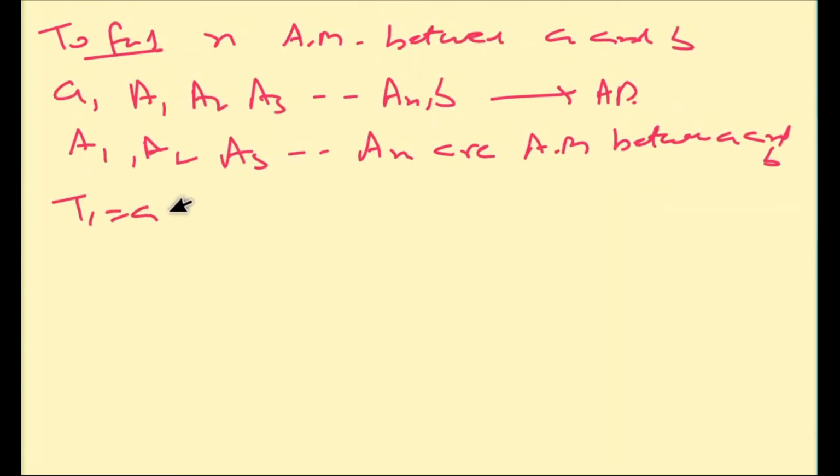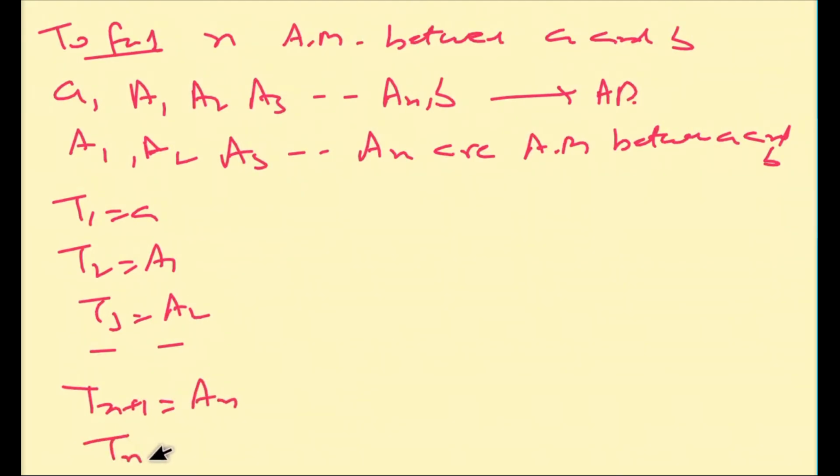First term is A, second term is A1, third term is A2, and so on. The (n plus 1)th term is AN, and the (n plus 2)th term is B. There are n terms between A and B, total terms are n plus 2. So T(n plus 2) is B.